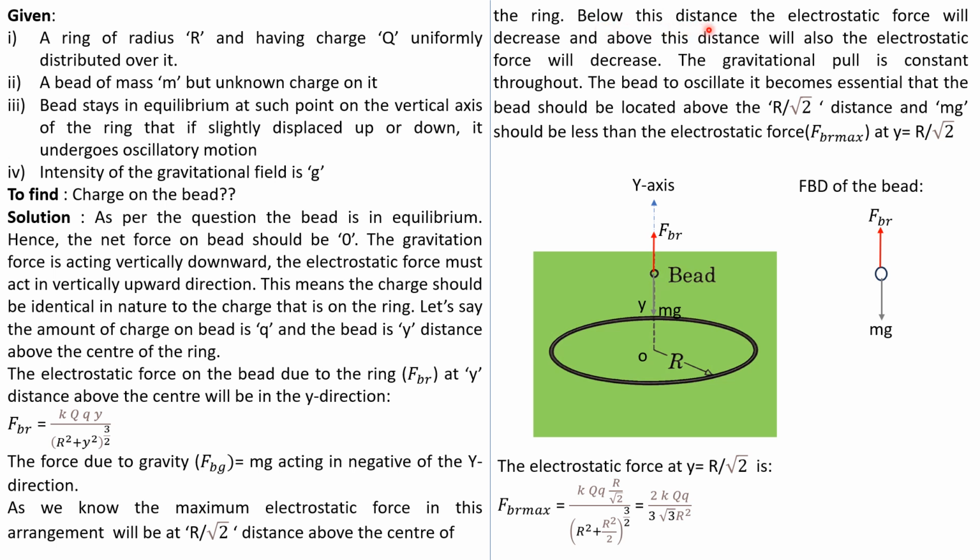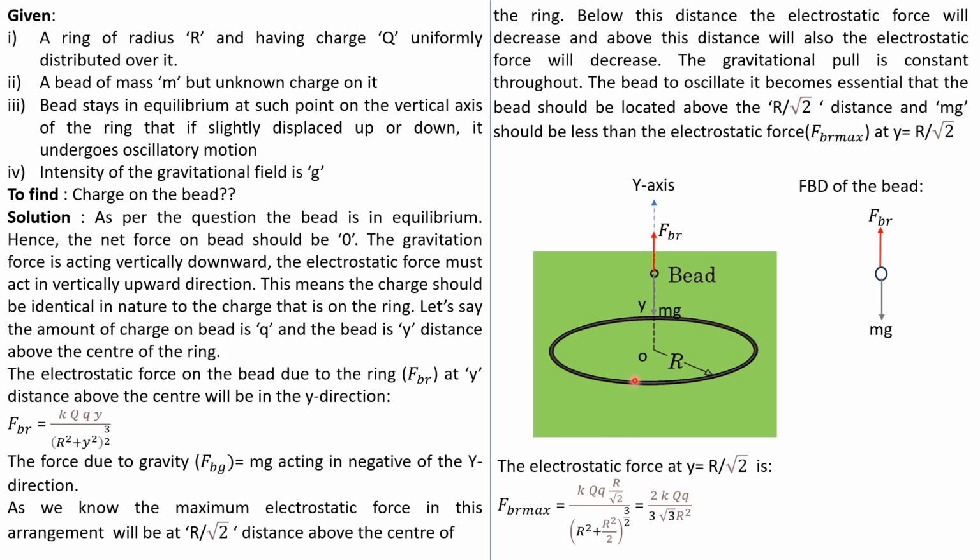It means below this distance the electrostatic force will decrease, and above this distance it will also decrease. The gravitational pull is constant throughout. So for the bead to oscillate, it becomes essential that the bead should be located above the r by √2 distance, and mg should be less than the maximum electrostatic force that will act at y equal to r by √2.